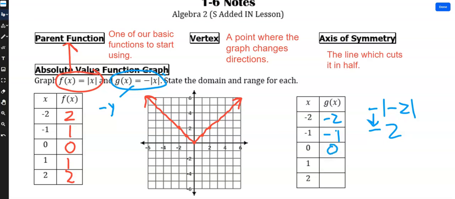And -1, and -2. So we get this kind of picture. So just reflecting over the x-axis.